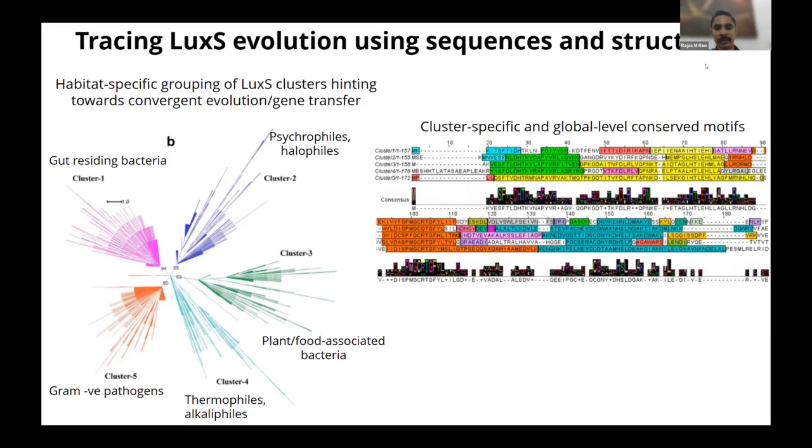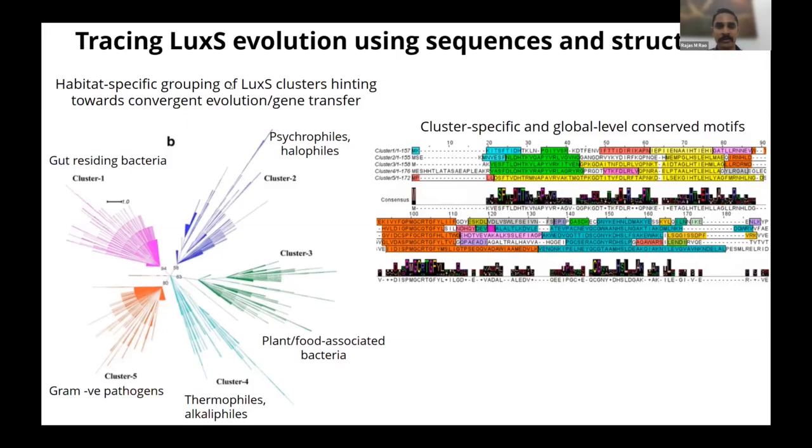We inferred that this might be a case of convergent evolution, where the LuxS structurally, depending on the type of habitat, must have undergone some sort of convergent evolution, in such a way that LuxS homologs from the same habitat are more similar to each other.